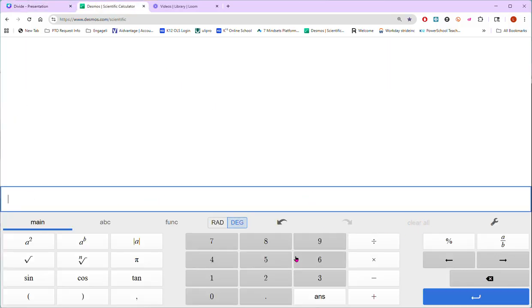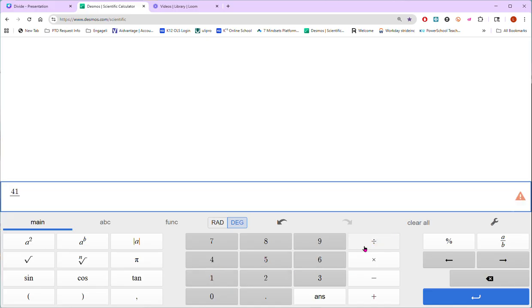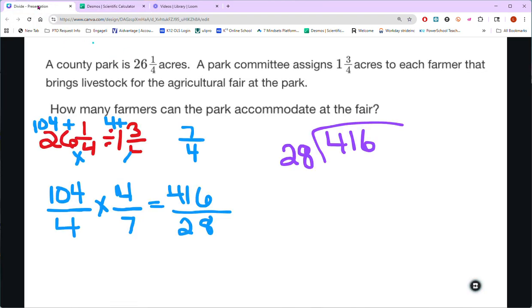So let me show you. 42 divided by 28 goes into it one time, and that has a decimal and a whole bunch of numbers. So I ignore the decimal and that behind it. So we know that this goes in one time. 1 times 28 is 28.